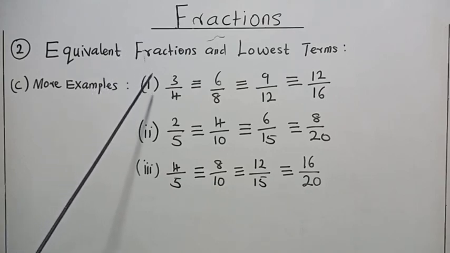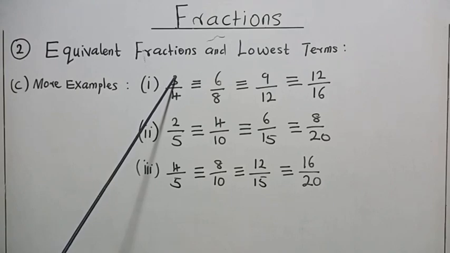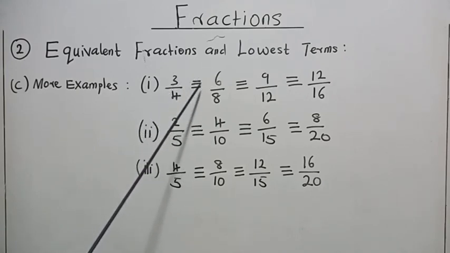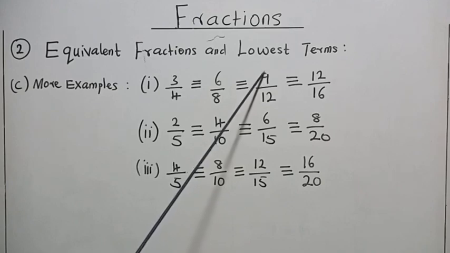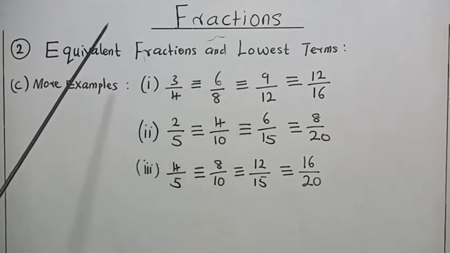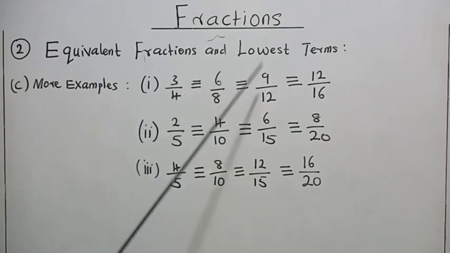And the same thing happened to 4 to make it become 8. So 3 times 2, 6. 4 times 2, 8. So this is equivalent to this. Again, 3 times 3, 9. 4 times 3, 12. Therefore, 3 over 4 is again equivalent to 9 over 12.